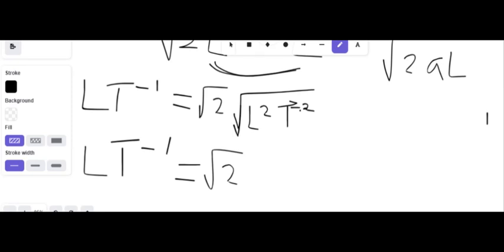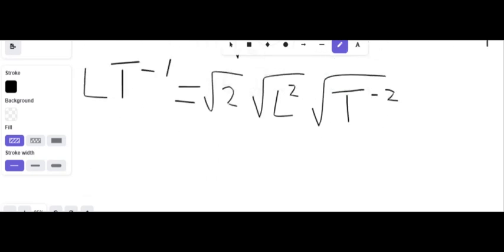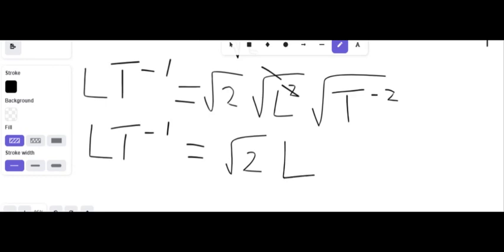Now this square root is going to cancel this 2 for this l. If you like, split it back like this: square root of l squared multiplied by square root of t to the power minus 2. So what is going to happen here now? This is going to be Lt to the power minus 1 equals to square root of 2. Now this cancels this. It's just going to be l to the power 1, and then this t to the power minus 2. If you divide this minus 2 by 2, what's going to be?